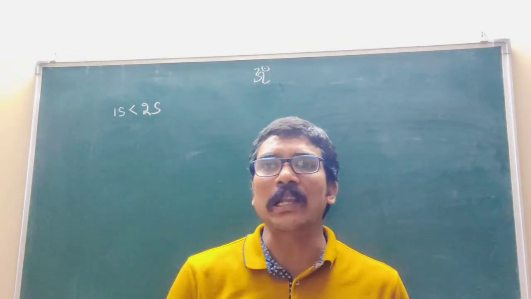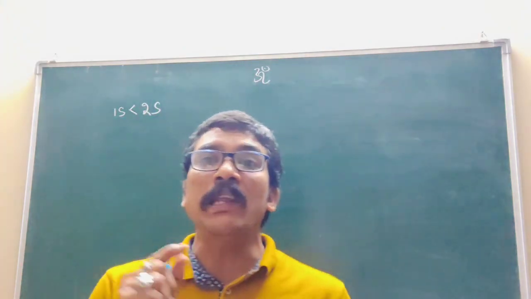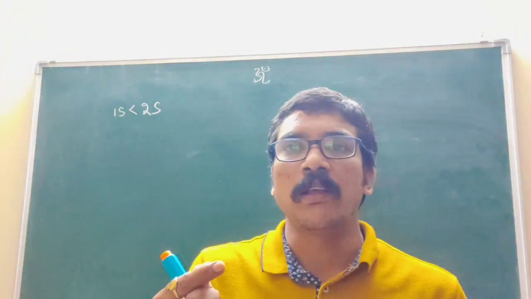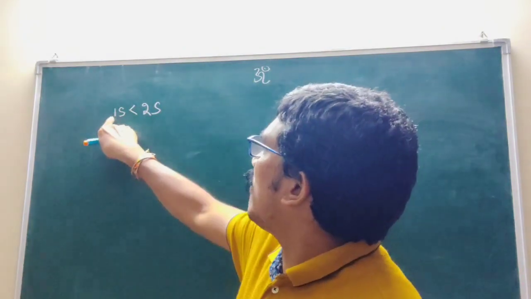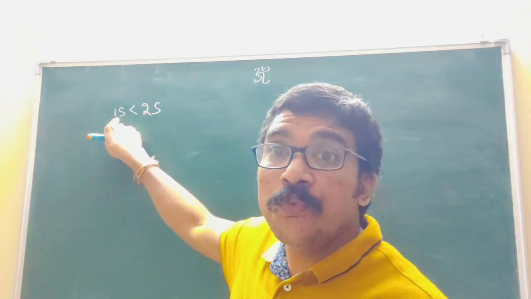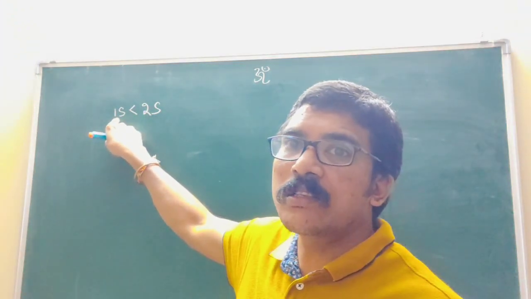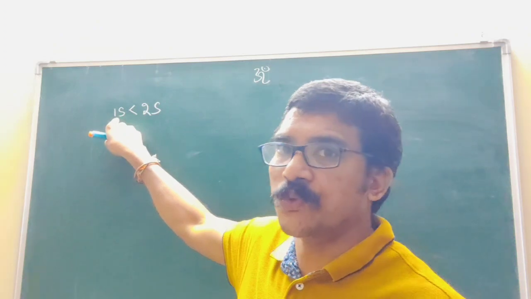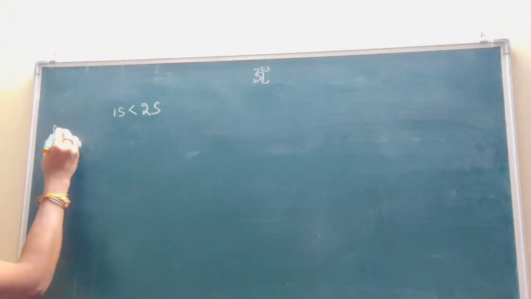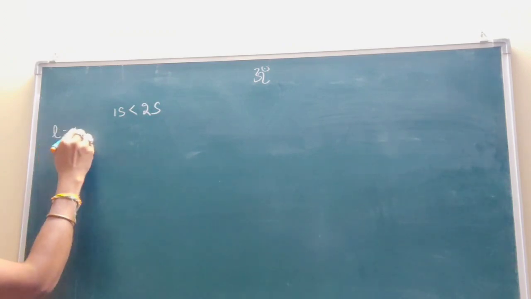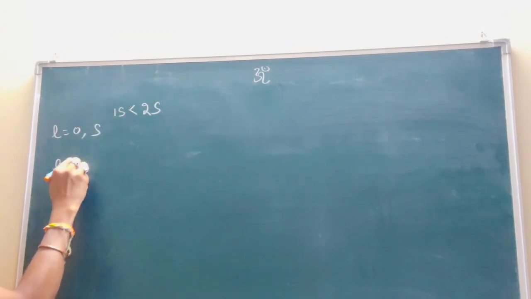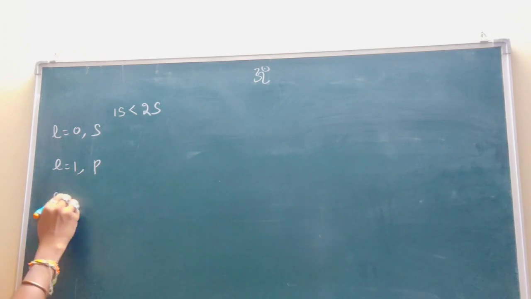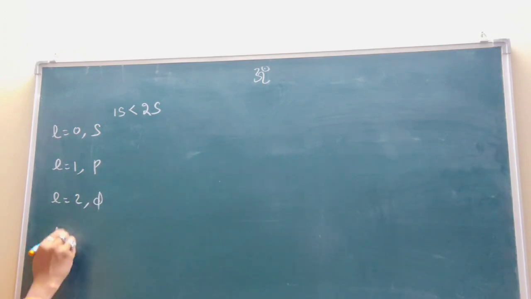We know n plus l: n is the principal quantum number, l is the azimuthal quantum number. So this is n value 1. What is the l value for the s subshell? It is 0. So l value is 0 for s subshell, 1 for p subshell, 2 for d subshell, 3 for f subshell.